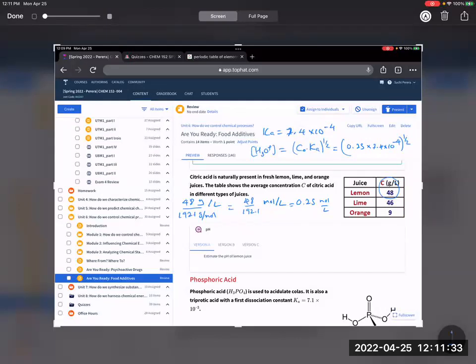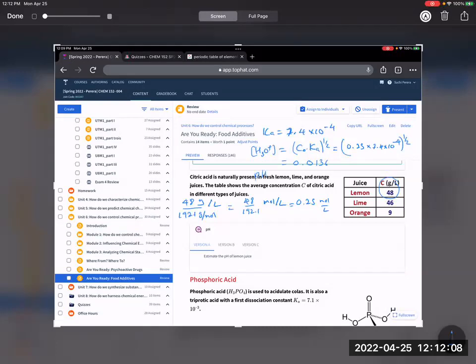I'm going to try this one more time. The square root of 0.25 multiplied by 7.4 times 10 to the power of minus 4 is 0.0136. Now they're asking for the pH.